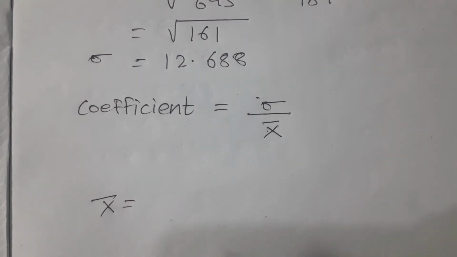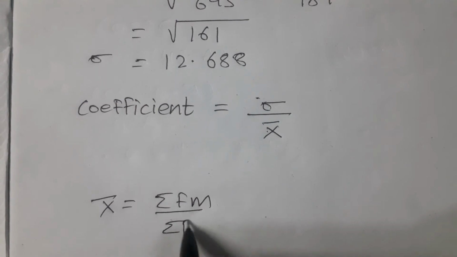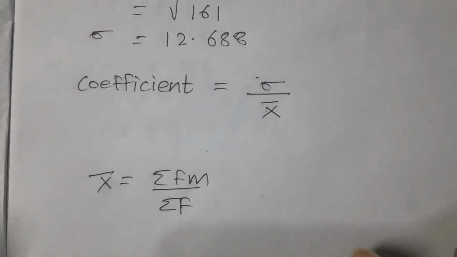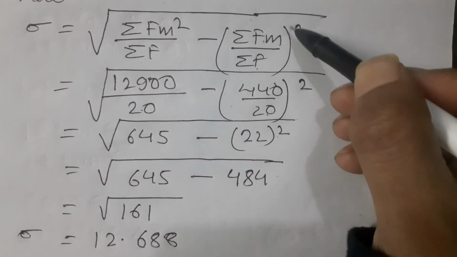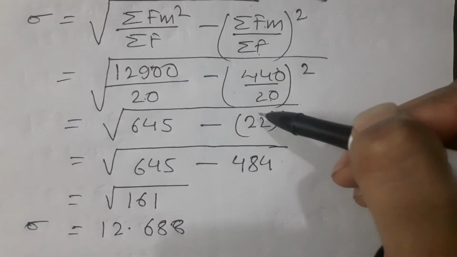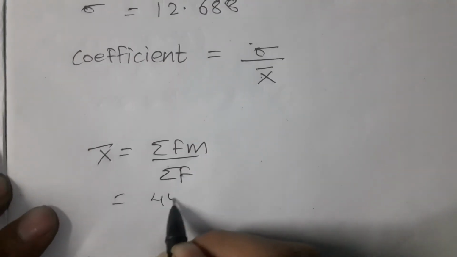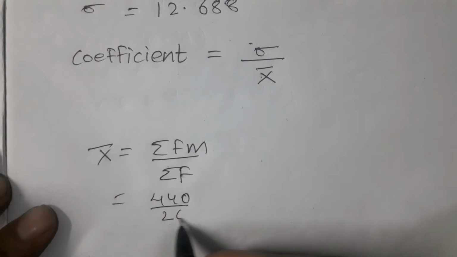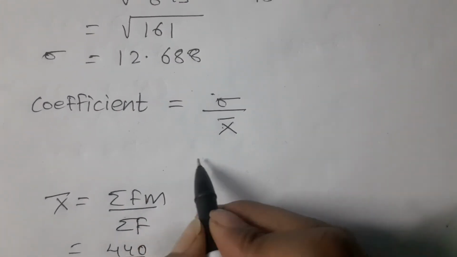Mean is actually summation fm divided by summation f, and technically we have already calculated this. So it is 22. That means mean is 22, though I'm going to show you here 440 divided by 20, which becomes 22.